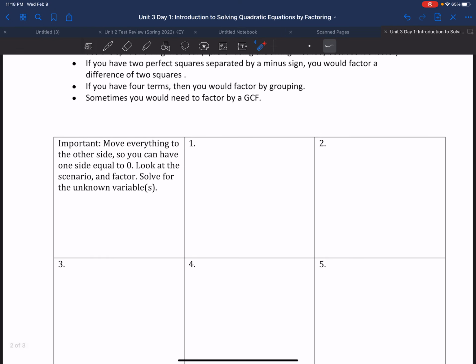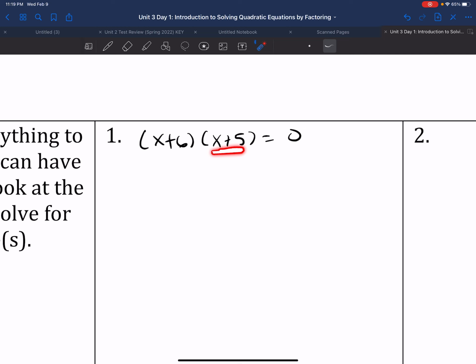So this is already good for me, because I can see that this is an expression that has a variable and a constant separated by a plus sign. All I got to do is take this and set it equal to 0, because that's faster. X plus 6 is equal to 0. Subtract both sides by 6, and I get x is equal to -6, okay?